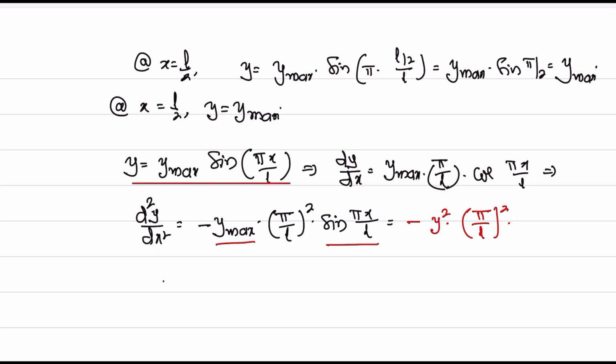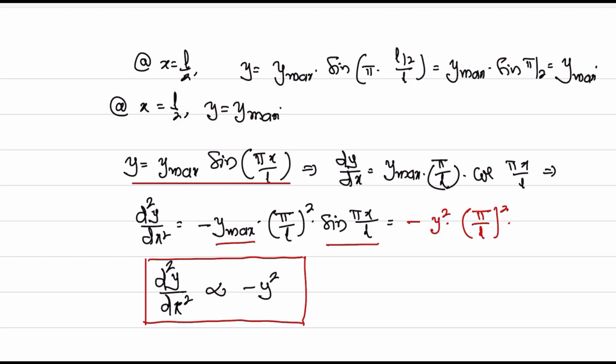That means d square y by dx square is directly proportional to minus y, because for the given length of the beam, pi is constant, L is constant, and d square y by dx square, the second derivative of the deflection curve, is directly proportional to minus y.